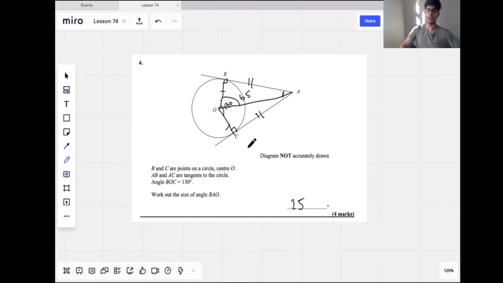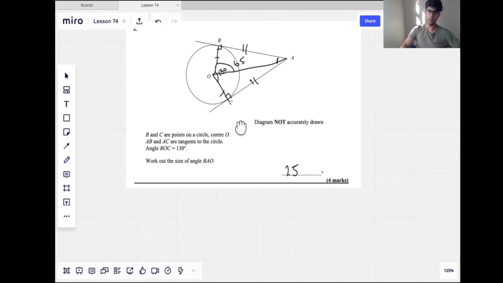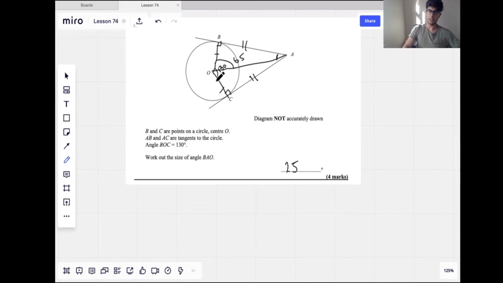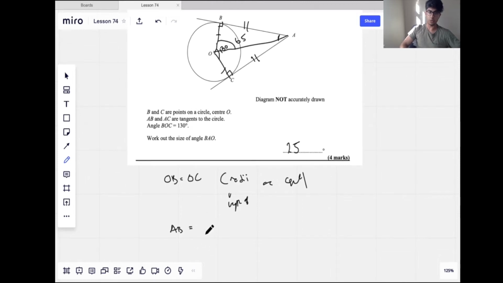In fact, why don't I go ahead and do that? The first thing I did was draw the lines in. We don't have to write anything for that, but we can say OB is equal to OC, so lengths of radii are equal. That's the first step. And we can say AB is equal to AC, tangents that meet at a point are equal.